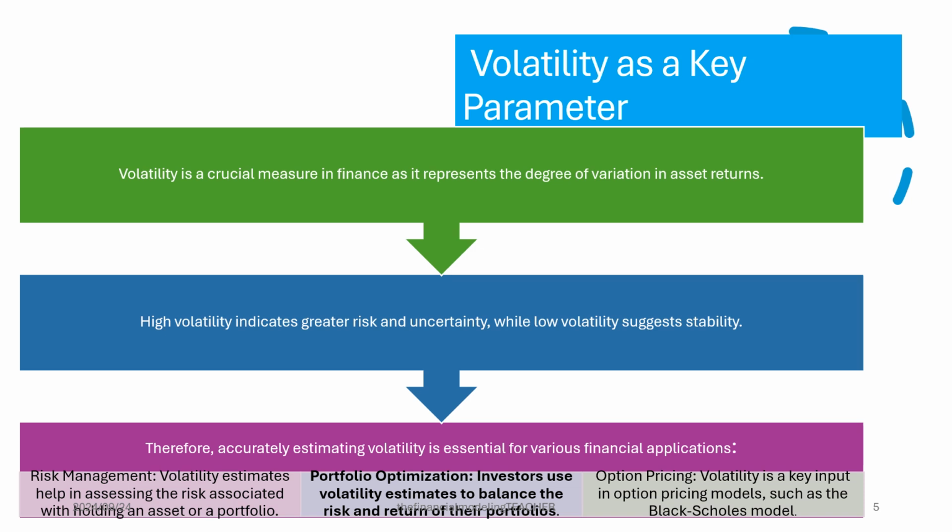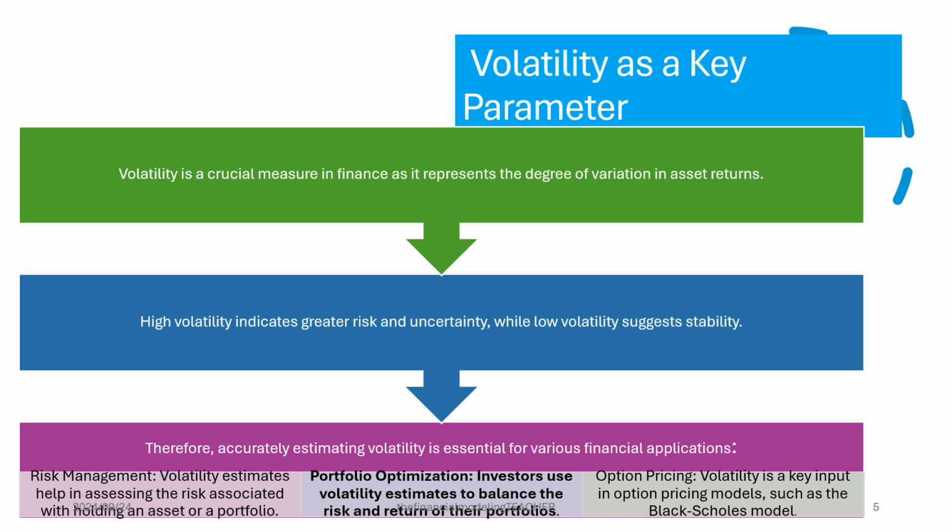Volatility as a crucial measure represents the degree of variation in asset returns, so high volatility would indicate greater risk and uncertainty, while low volatility suggests stability.